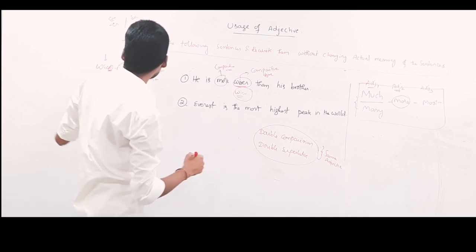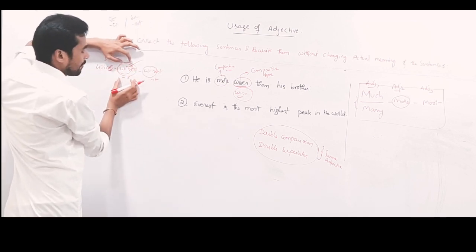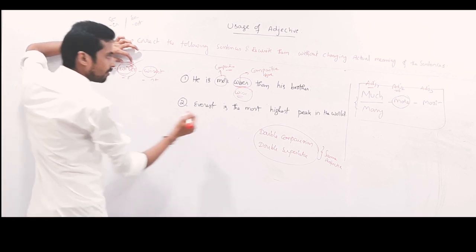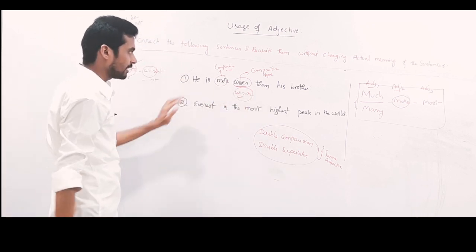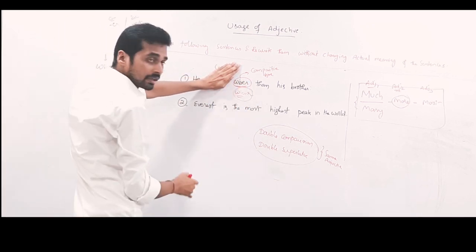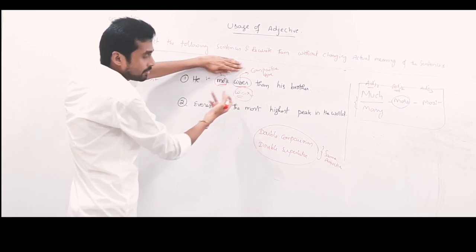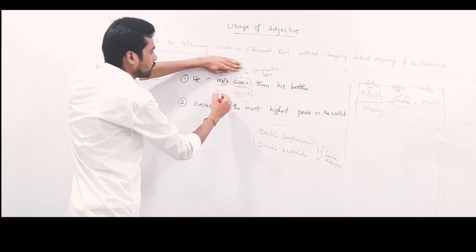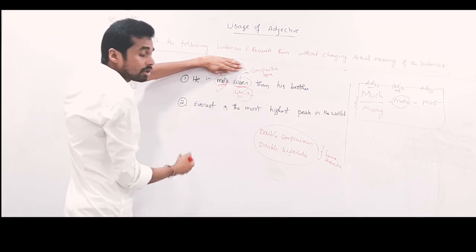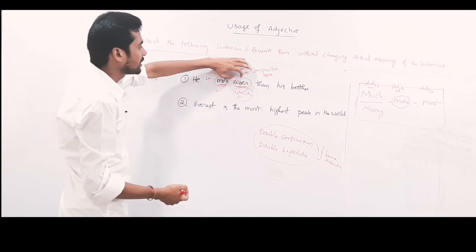Double comparison means that wise already has a comparative form, wiser, so it's already in the comparative degree. But what if you add more to it? You have two comparative degree adjectives, isn't it? This one is in comparative and this one is also in comparative.